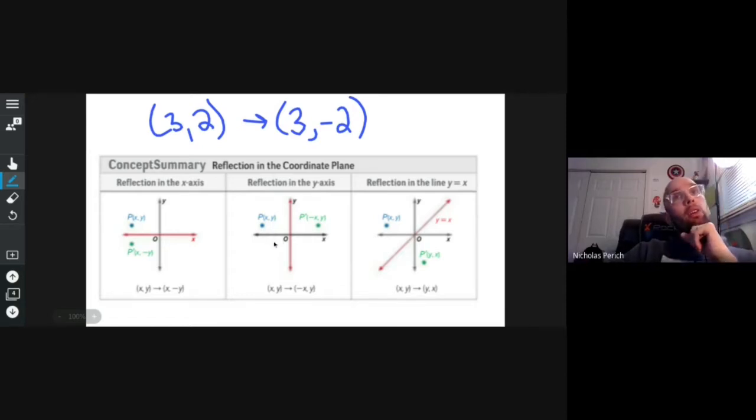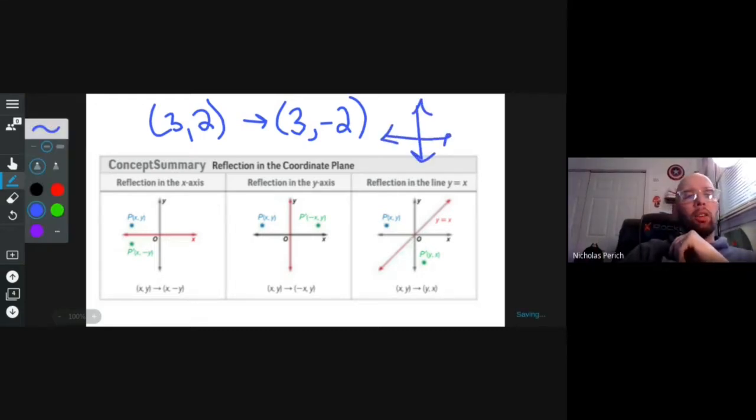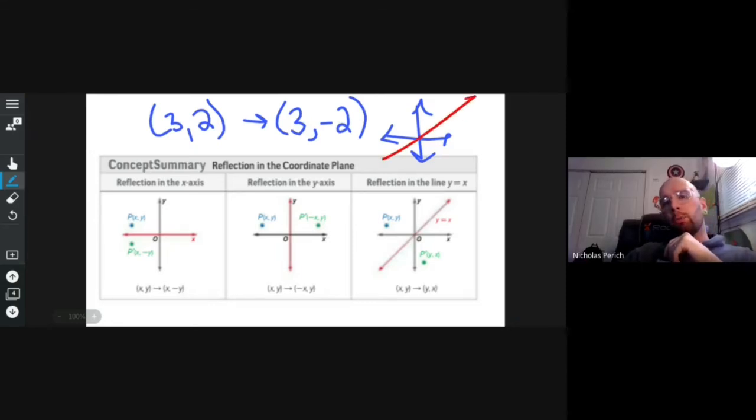This is brand new, and this is going to make sense. If I'm reflecting over the line y equals x, and I asked you to graph the line y equals x on that really easy coordinate plane over there, it's the most perfect diagonal line that you can ever imagine. So your mirror is a diagonal.